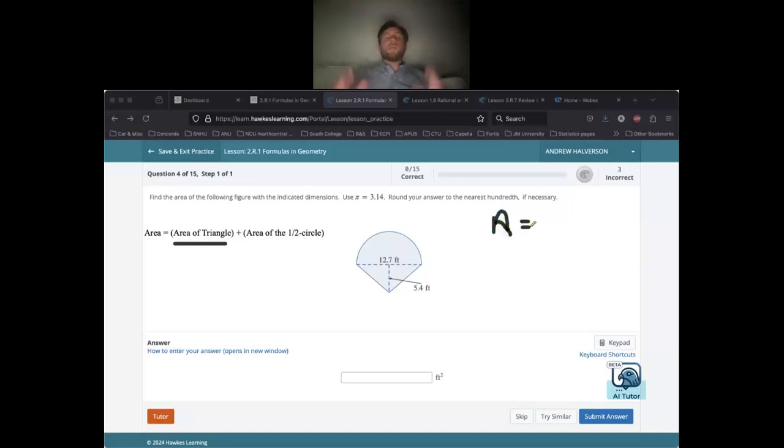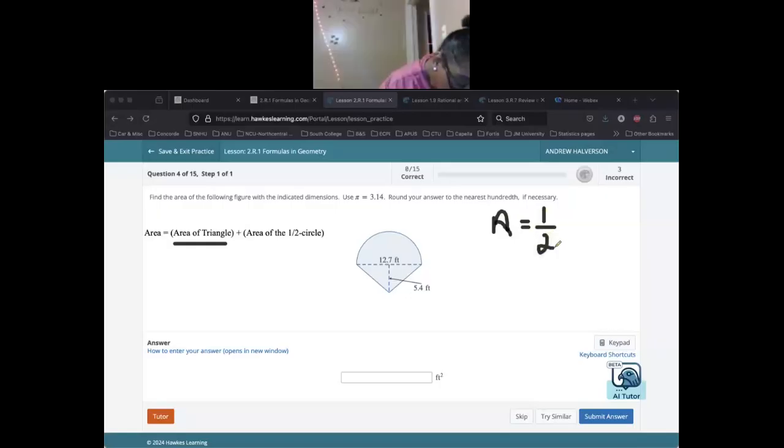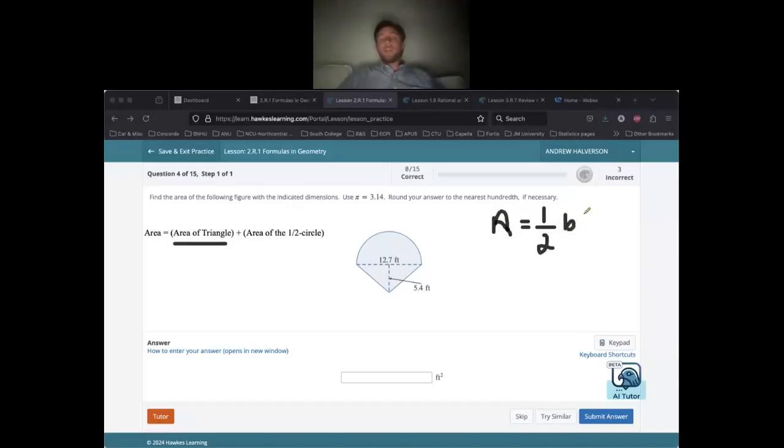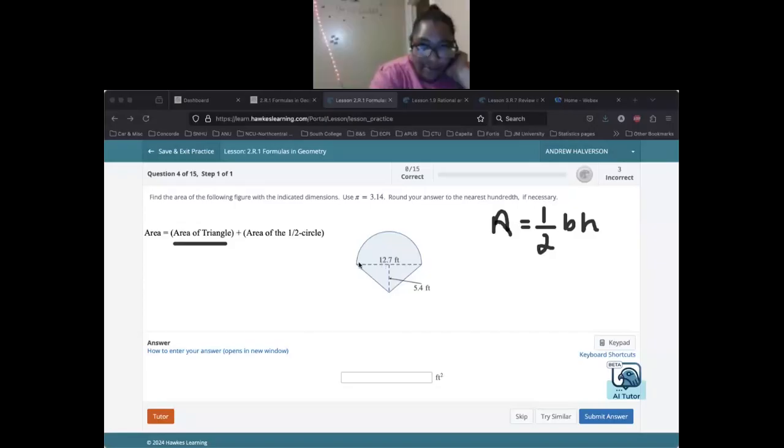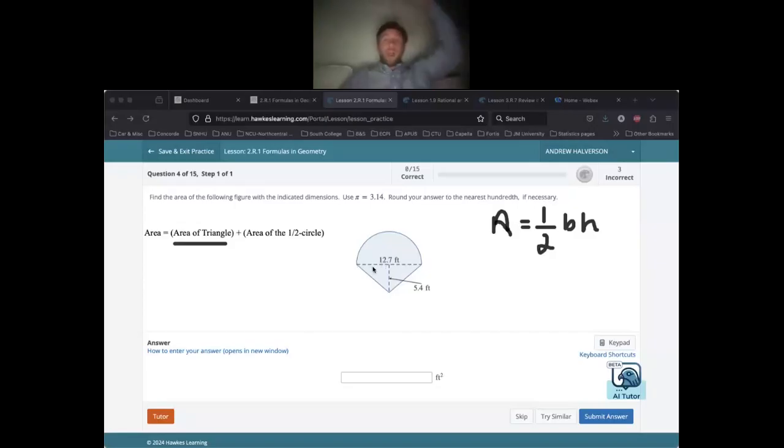What's the formula for the area of a triangle? Length times width. Close. One half times the base times the height, which is the same thing as one half times the length times the width. So in our triangular shape here, what's the base and what's the height? The base would be 5.4, correct? Think of height like true height.